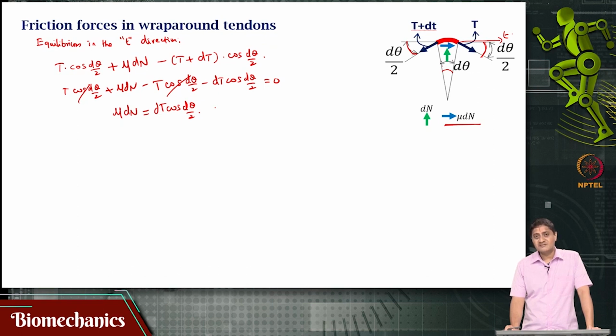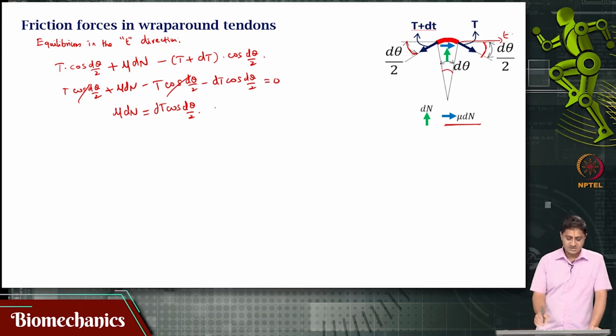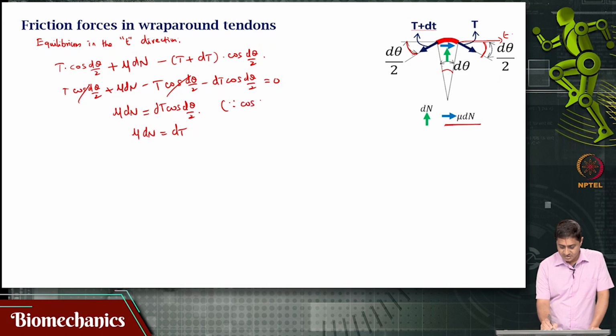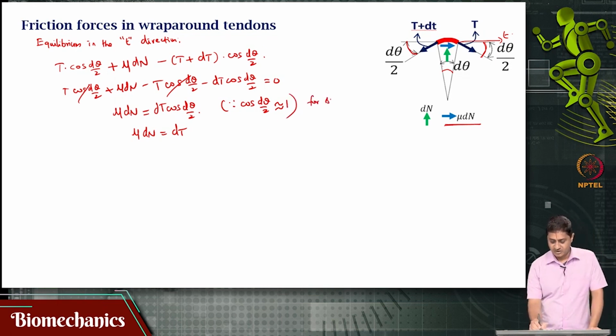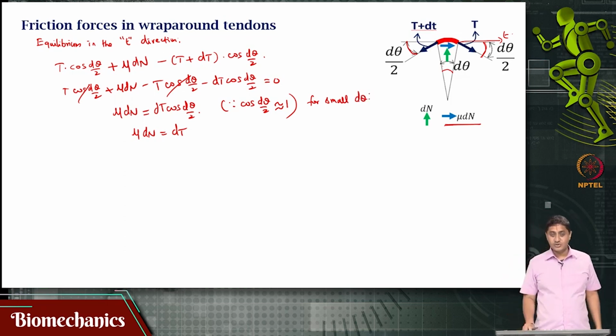Because of this reason, cos 0 is 1, and this will be mu dn is equal to dt. Since cos d theta by 2 is approximately 1 for small d theta, mu dn is equal to dt.